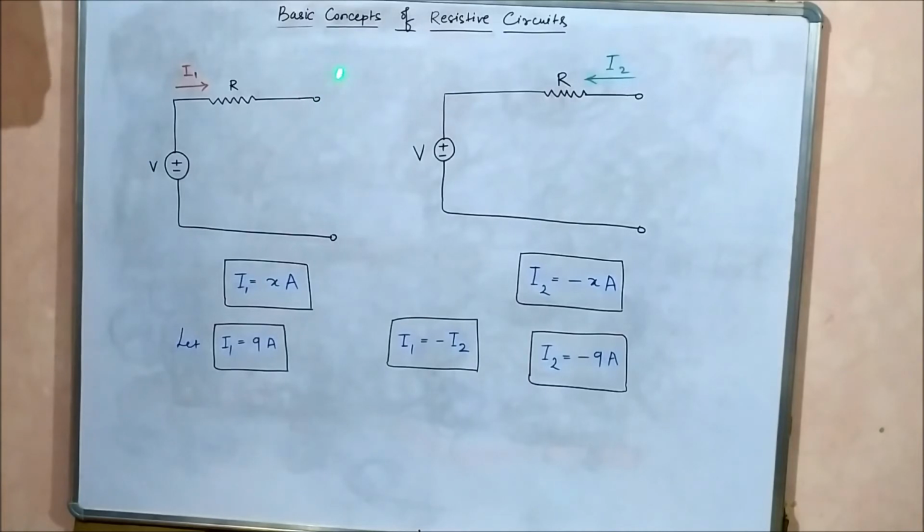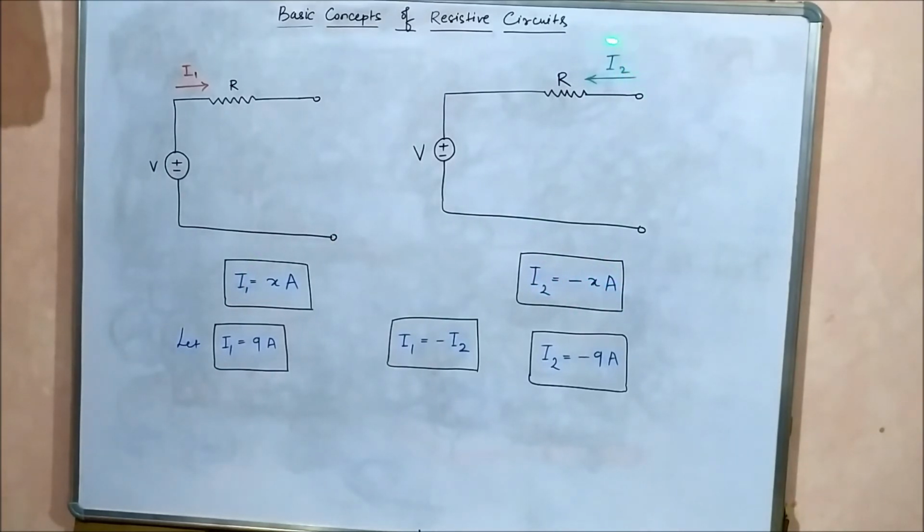Similarly, we can measure the voltage in whichever direction we want, from positive to negative or from negative to positive. Similarly, we can take the current direction arbitrarily as per our choice. But we cannot say that I2 is equal to x ampere. That will be wrong. The negative or positive sign which appears on the current, we cannot change that.